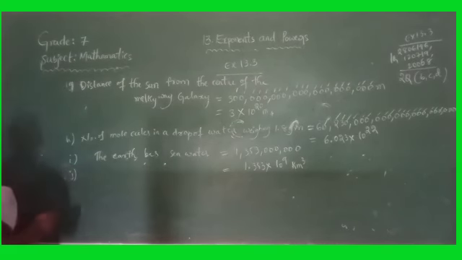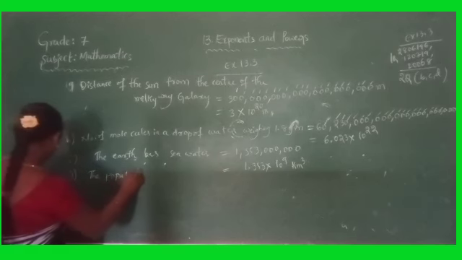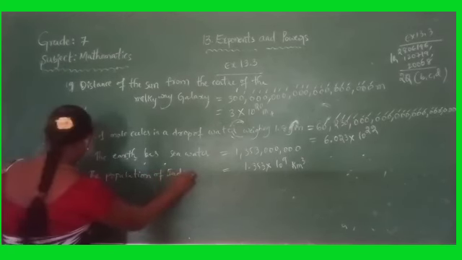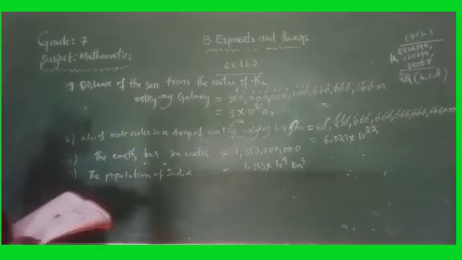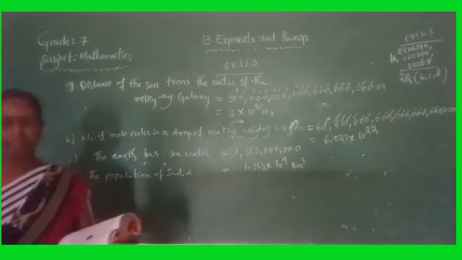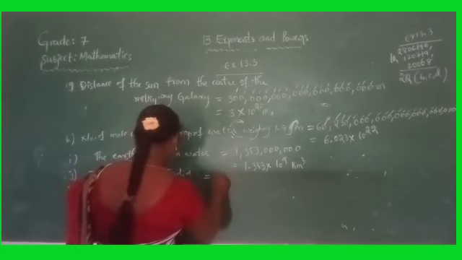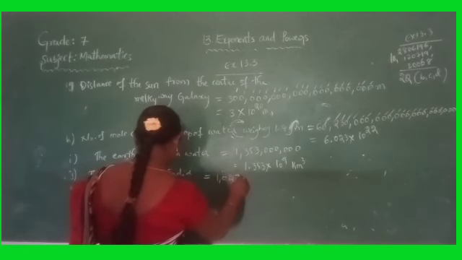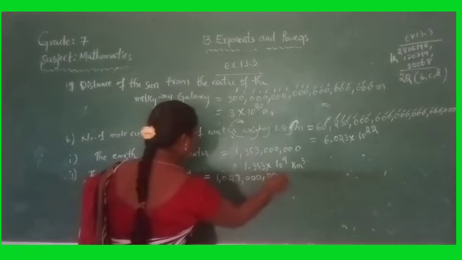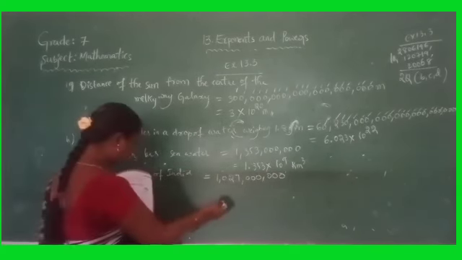The population of India was about 1,027,000,000 in March 2001. So this number we have to show in the standard form. 1,027,000,000, this population in March 2001.